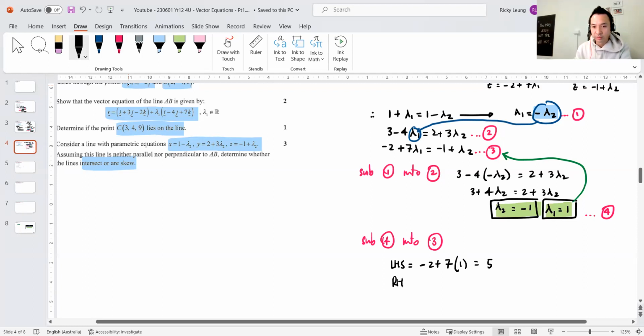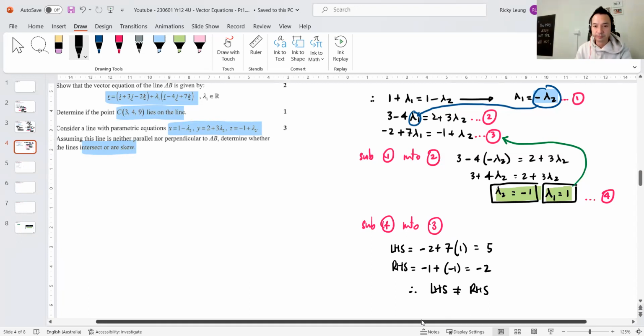And the right-hand side, if I sub minus 1 plus lambda 2 in, gives me 0. Skew? Actually, no, that doesn't matter. Therefore, left-hand side doesn't equal right-hand side, therefore skew.